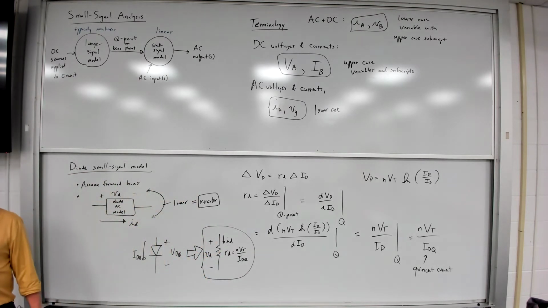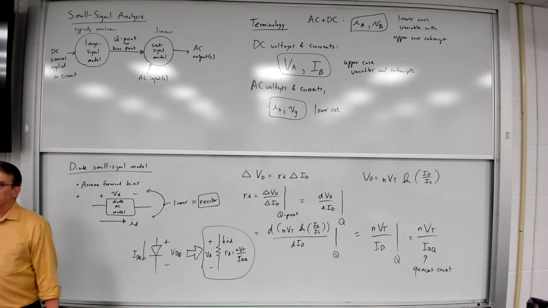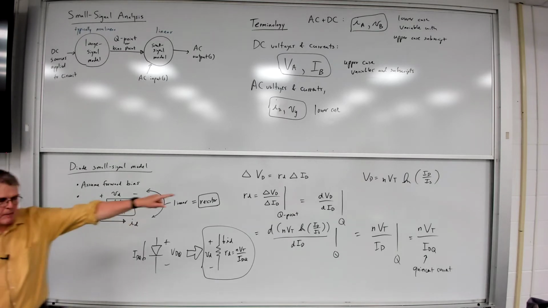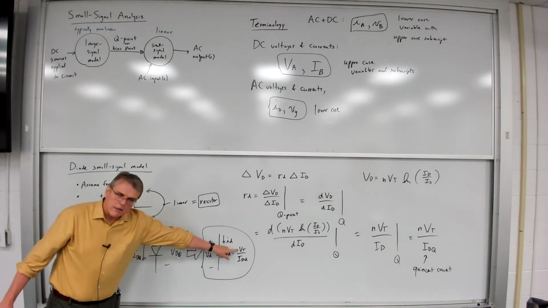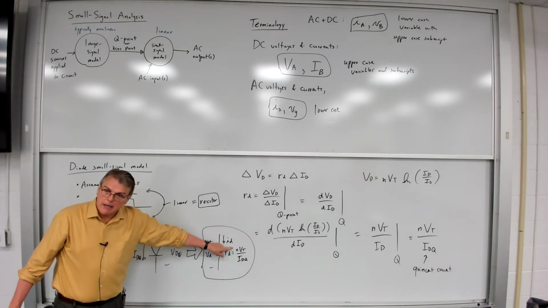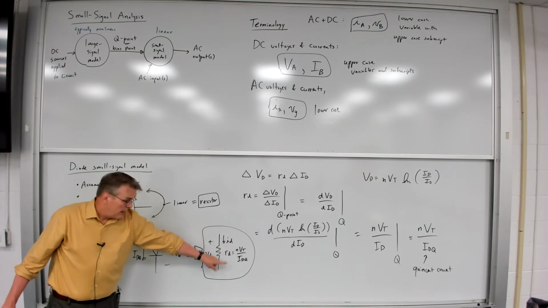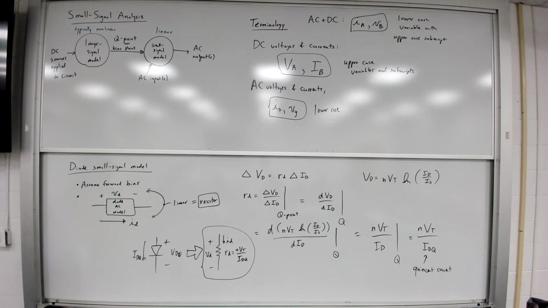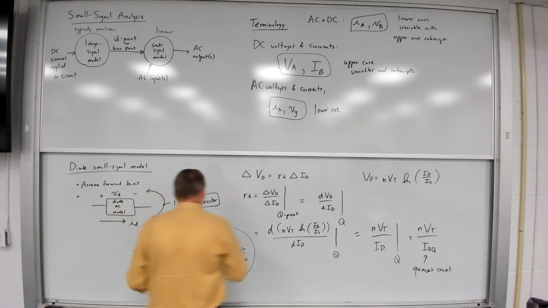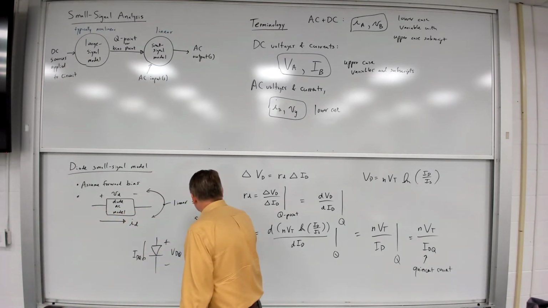Now the nice thing about this is this model works for every diode. As long as it follows the P-N diode equation and it's forward biased, all we have to do is plug in the value of N, the slope factor, the thermal voltage, and whatever quiescent DC current that diode is biased at. And there's our small signal model. This is our small signal resistance.